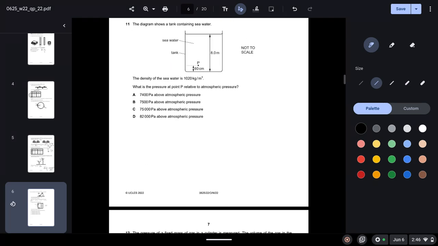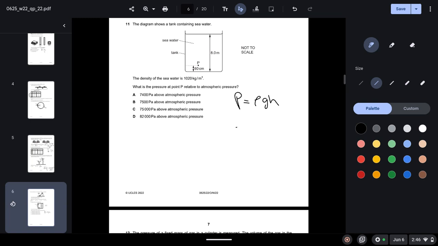The diagram shows a tank containing seawater. The density of the seawater is 1020 kilograms per meter cube. What is the pressure at point P relative to atmospheric pressure? So the pressure in the liquid is given by this formula, rho gh.